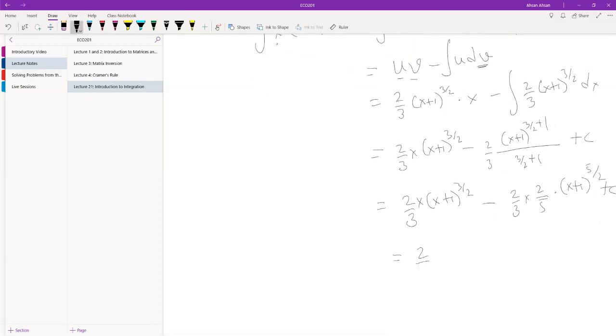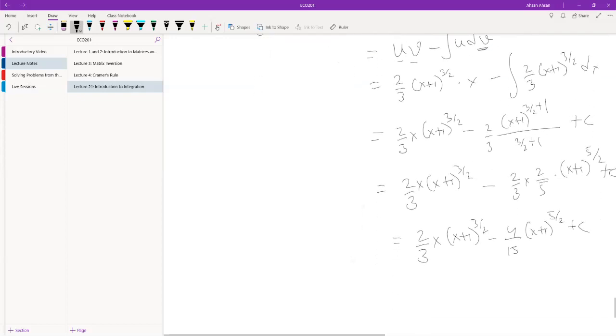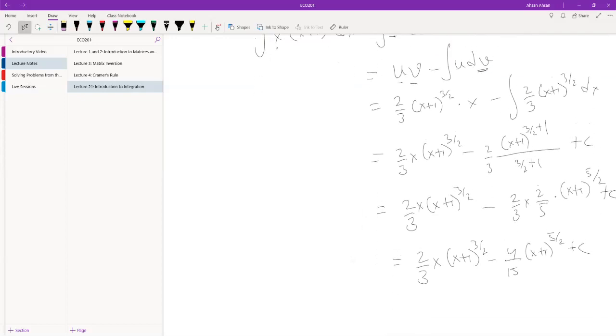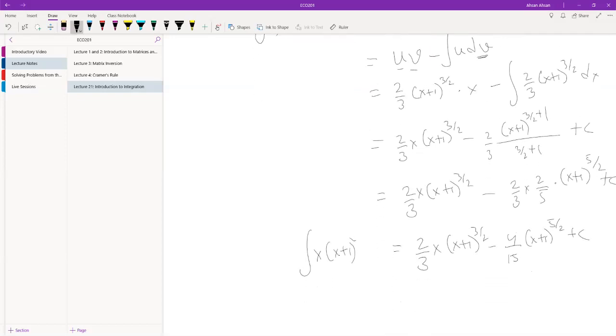So 2/3 x (x plus 1) to the power 3/2, minus 4/15 (x plus 1) to the power 5/2 plus c, and that is the answer. So we're trying to integrate (x plus 1) to the power half dx, and this is our answer.